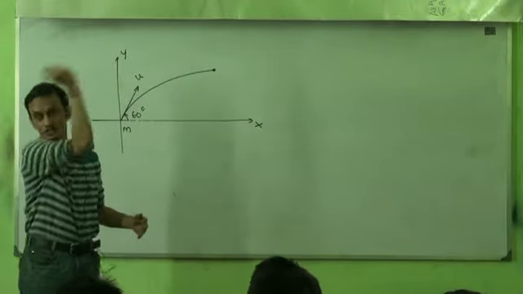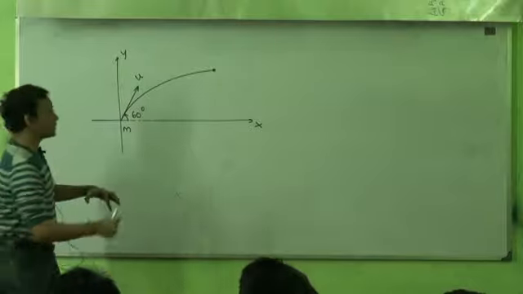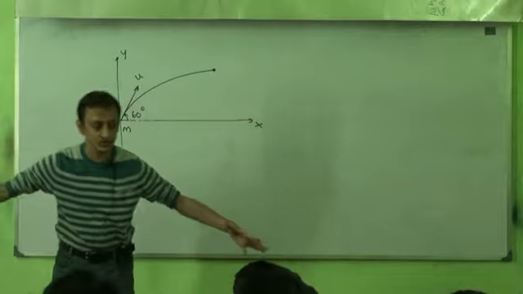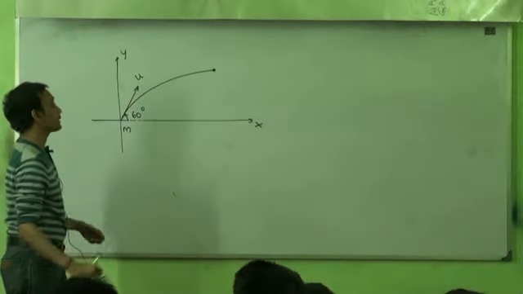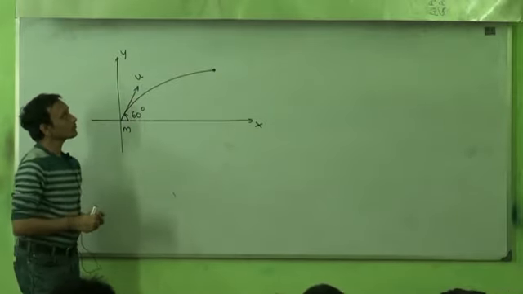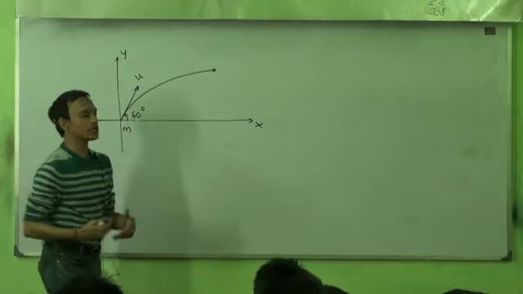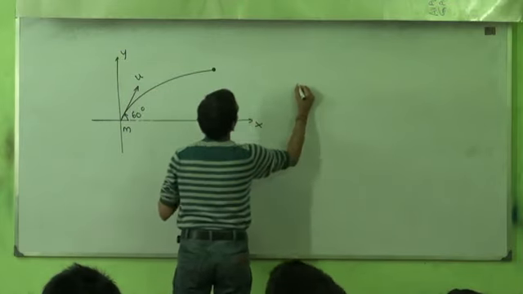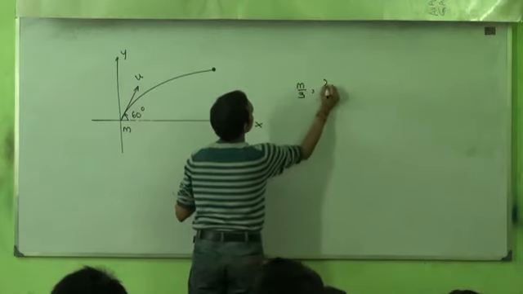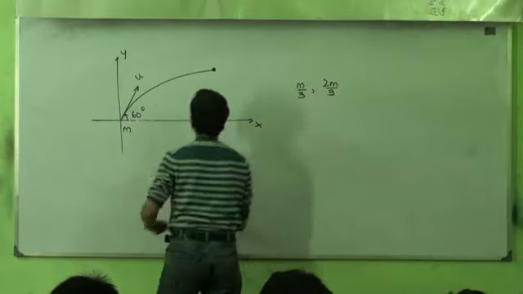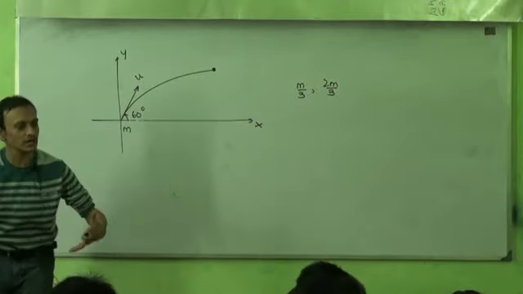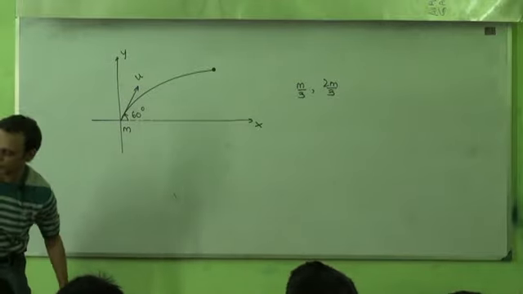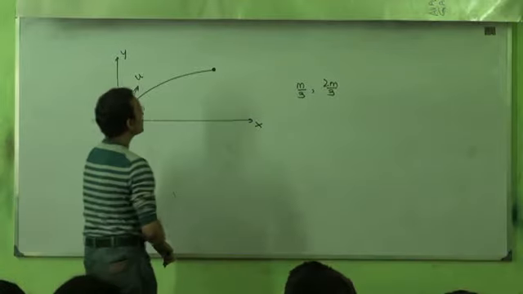Even it could be a bomb which has been hurled. And there could be an internal explosion leading to generation of fragments of this particle of mass m. Say it leads to two particles being generated, one of mass m by 3, the other of mass 2m by 3. Two particles whose masses are in the ratio 1:2 are generated out of this explosion at the highest point.